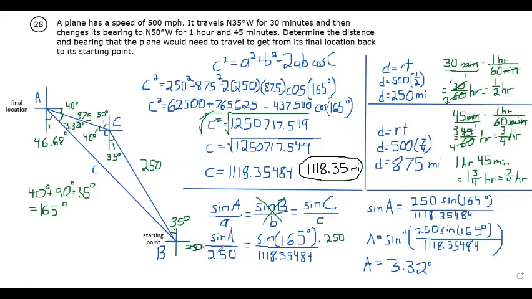then basically the denominator on the left side cancels out. And on the right side, we have 250 sine of 165 degrees over 1,118.35484. And if we want to get A by itself, we would not divide both sides by sine, because the sine of A is a trig function, so these are not being multiplied to each other.